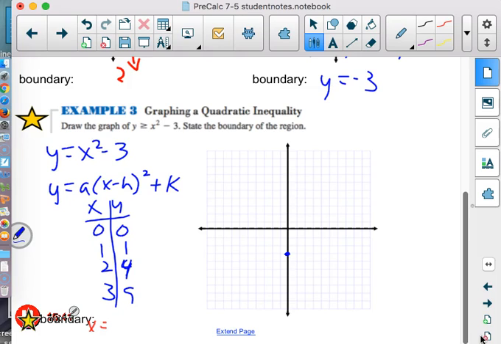So this is like my new vertex right here. I'm going to treat that like it's the origin. So to get some points from here, I'm just going to move 1 over and 1 up because I had 1, 1. And from this new vertex, I need to go over 2 and up 4. And from this new vertex, I should go over 3 and up 9.